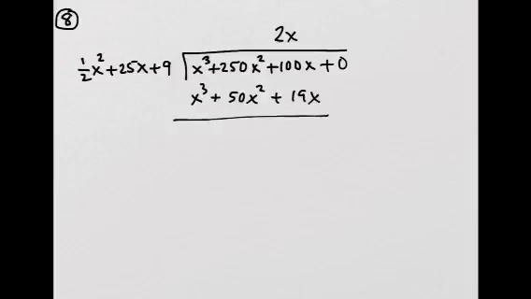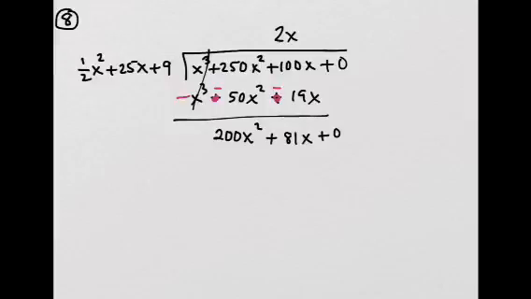So now I'm going to subtract or add the opposite, so that means I'm going to change the sign, so that plus becomes a minus and that plus becomes a minus. And so combine your like terms, that's a 0 right there. 250 minus 50 is 200. And 100 minus 19 is going to be positive 81x. Bring down the 0.